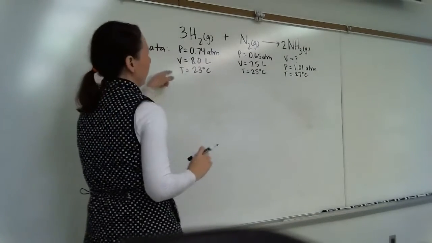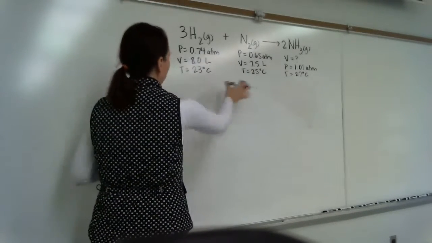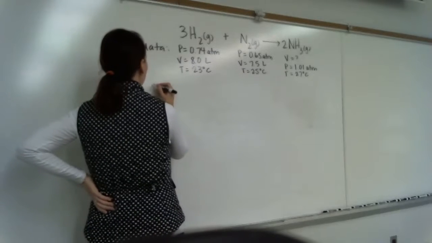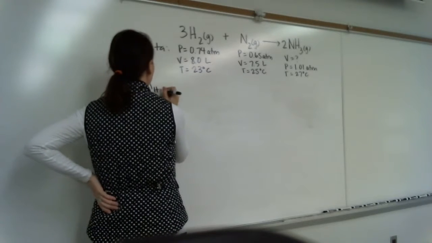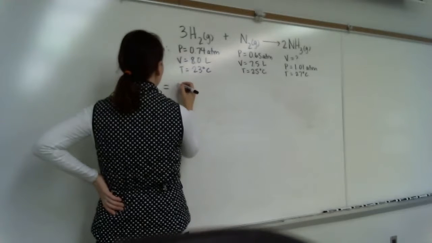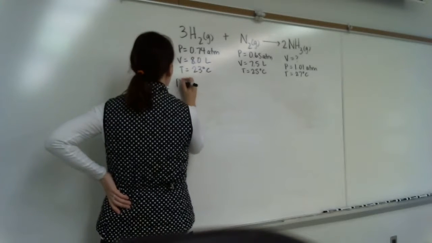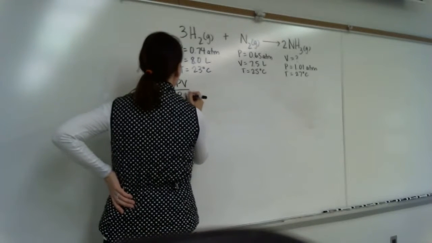Let's first calculate number of moles of each one of these so we can add it to our list. So number of moles of H2, PV equals nRT, so n is equal to PV over RT.